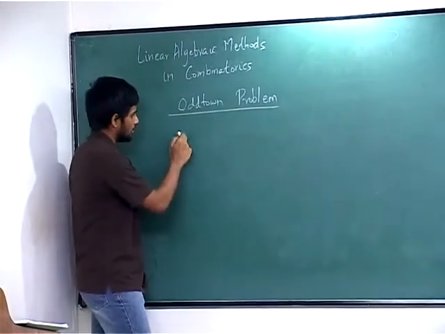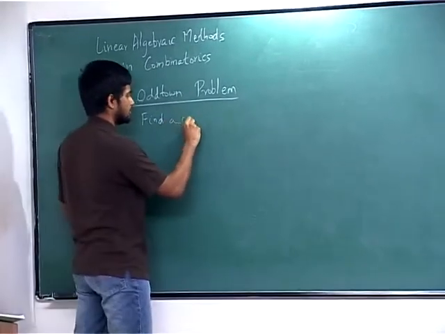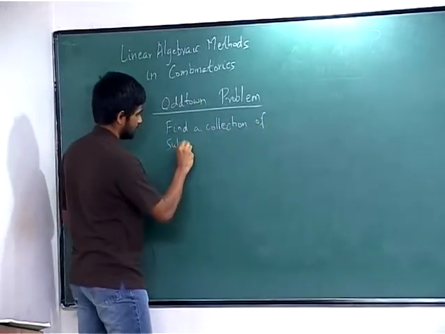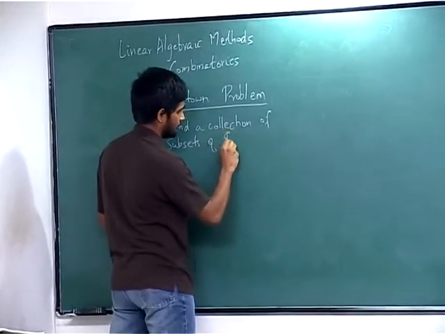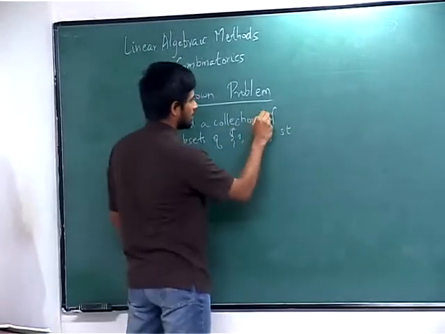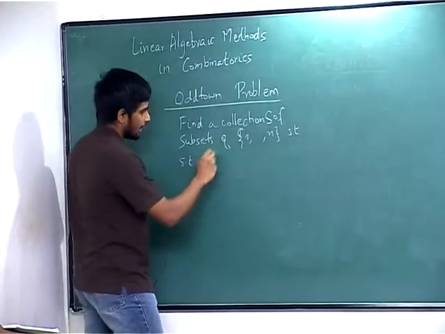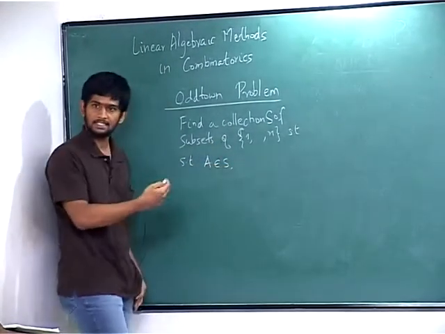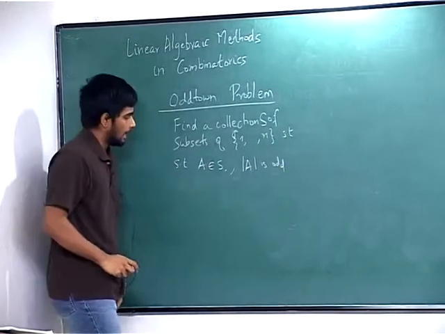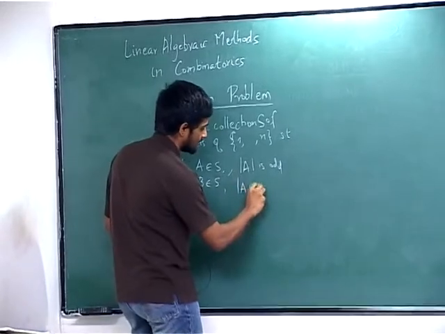Again, the problem is this: find a collection of subsets of 1 to n, such that, for the collection, I'll call it S, if you take any set A in S, the cardinality of the set is odd, and for any A and B in S, the cardinality of A intersection B is odd.